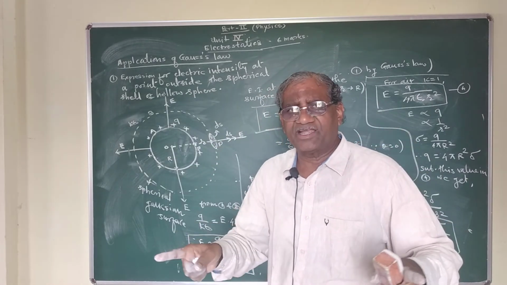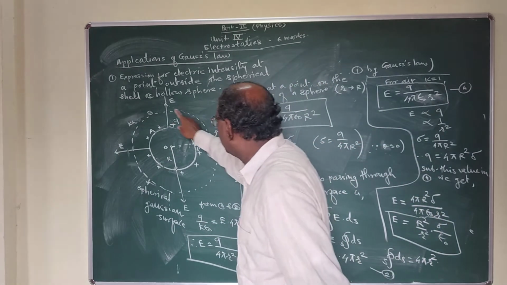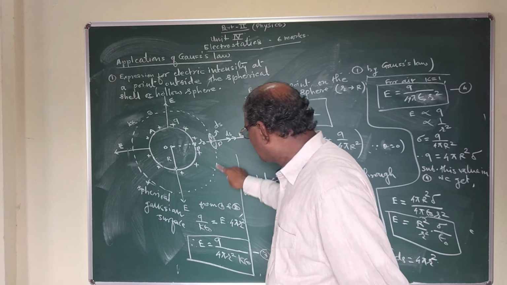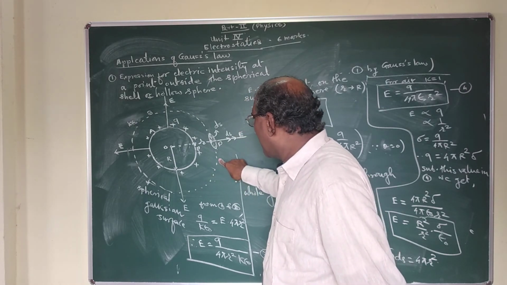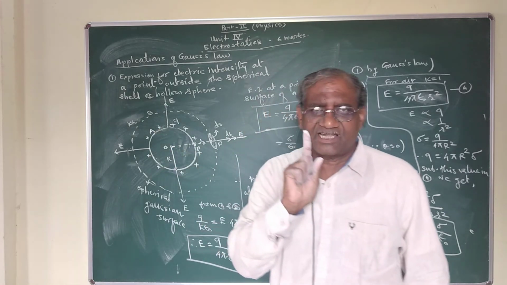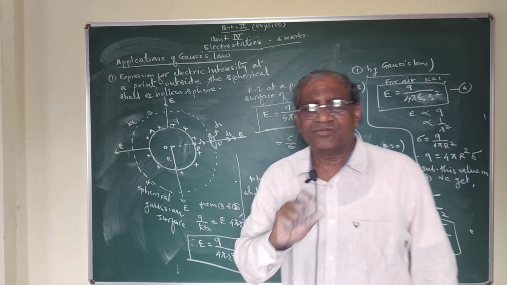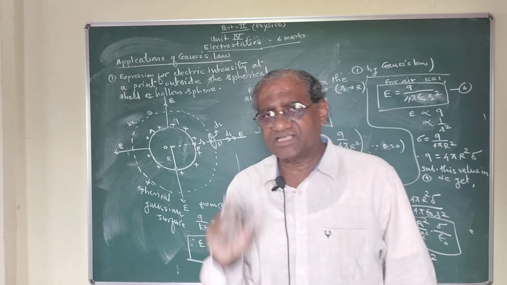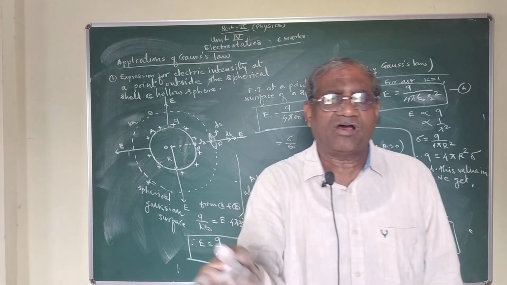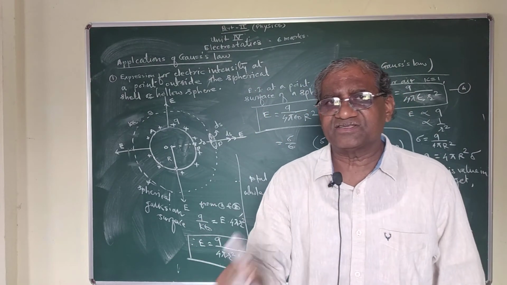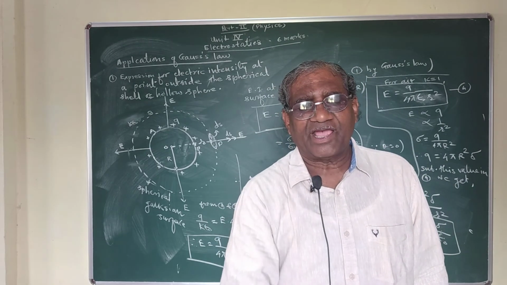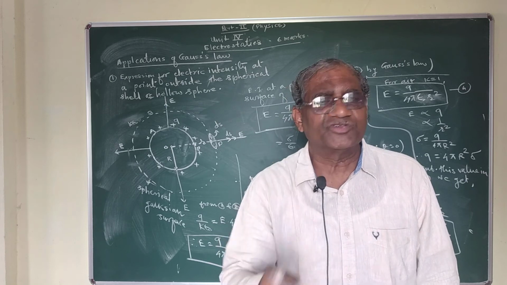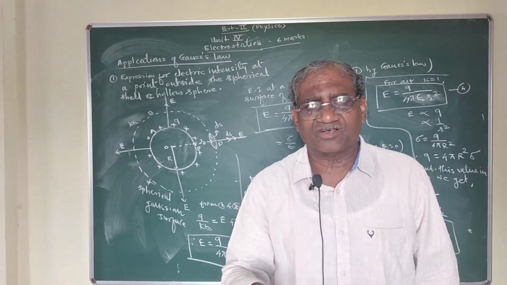Magnitude remains constant because each and every point on the spherical Gaussian surface is situated at equal distance from the center of the charged sphere, so the magnitude of electric intensity at every point on the spherical Gaussian surface is always constant. Let E be the magnitude of electric intensity produced on the spherical Gaussian surface.